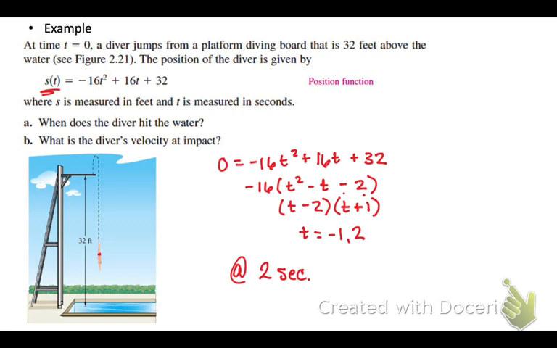The next one says the velocity at impact. How do I find velocity? I find the derivative of this function. The derivative of the position equals velocity. So that would be negative 32t plus 16. Then it says, what is the diver's velocity at impact?